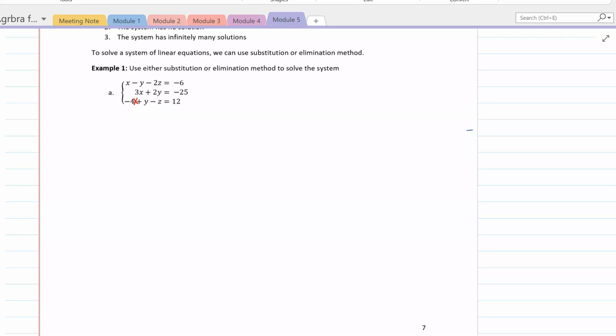From equation 1, I will solve for x. I solve for x in equation 1. I get x equals negative 6 plus y plus 2z. I then will substitute this result into equations 2 and 3.